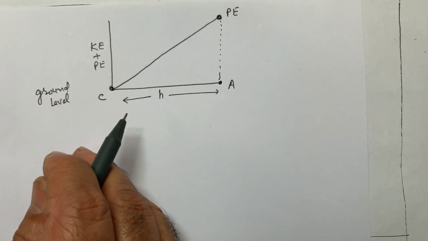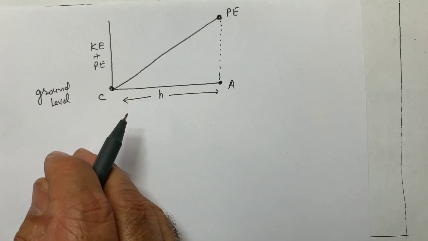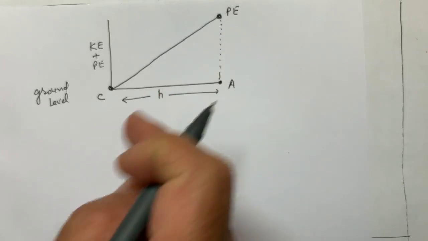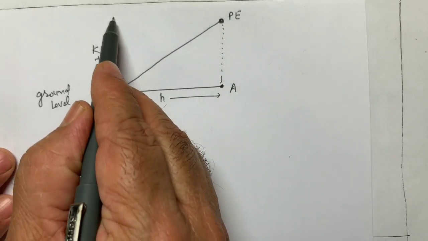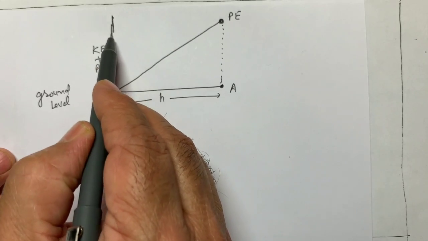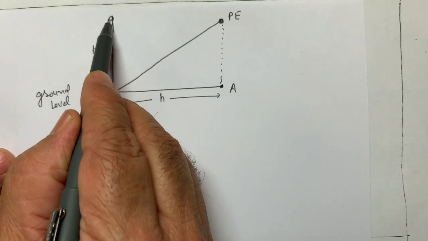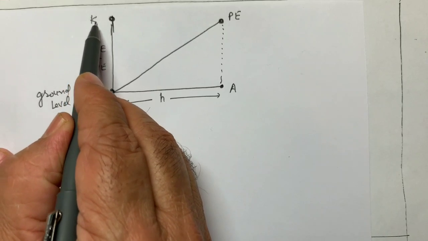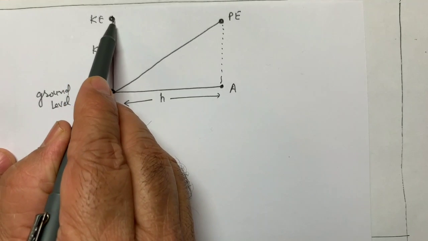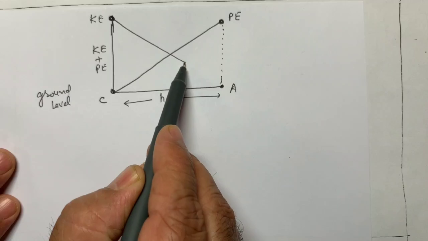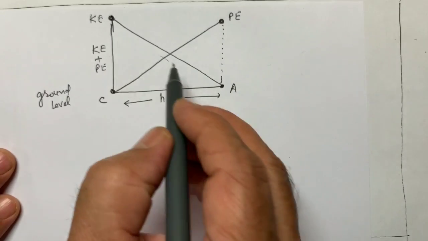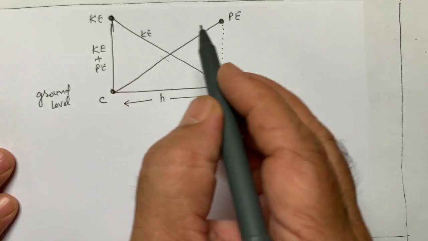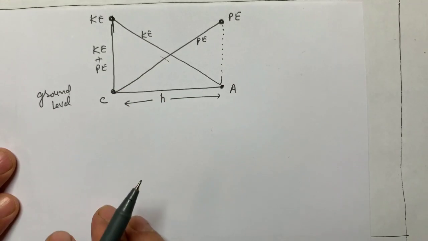It means as the body moves from top to bottom, its potential energy decreases and kinetic energy increases. Now at the ground level, its kinetic energy is maximum. This is the kinetic energy at point C. So you can say that this line is for kinetic energy, this line is for potential energy.